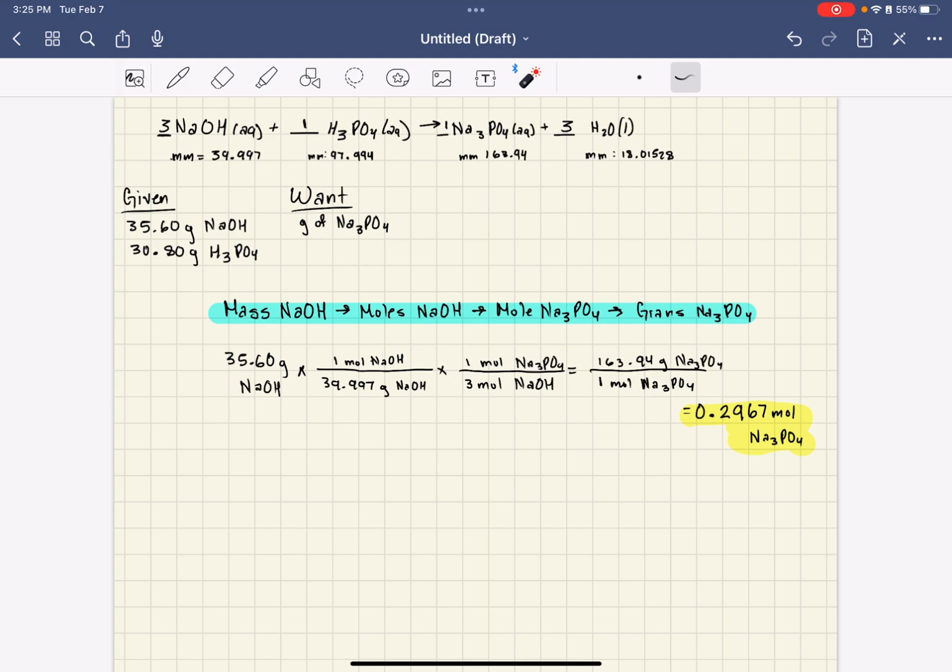That will give us 48.64 grams of Na3PO4. Sorry, didn't mean to put that 4 there.